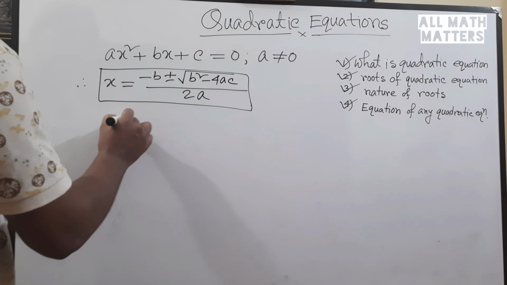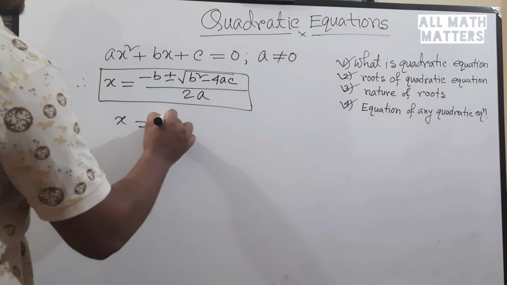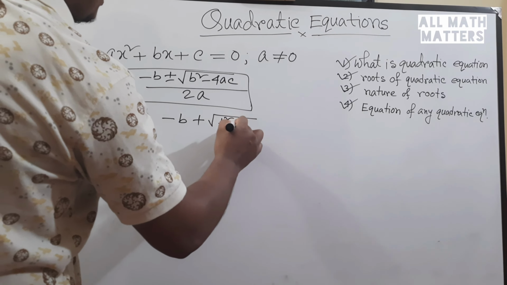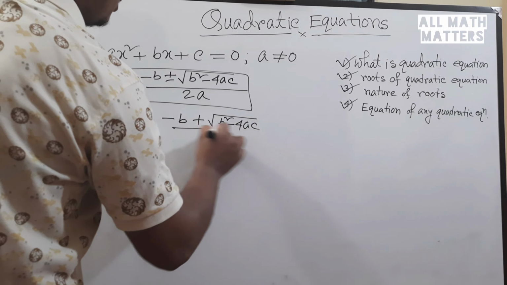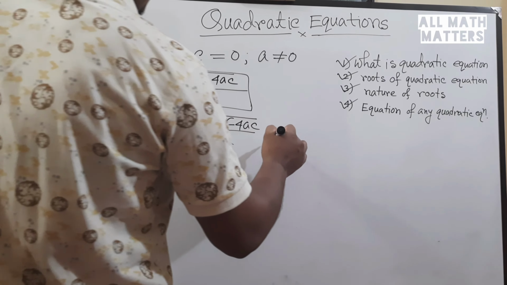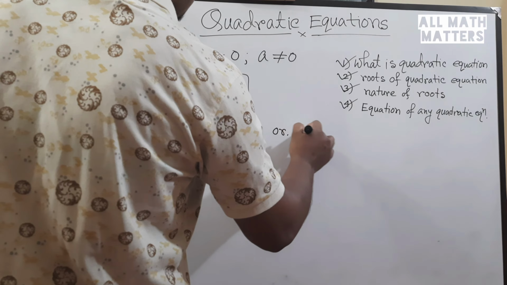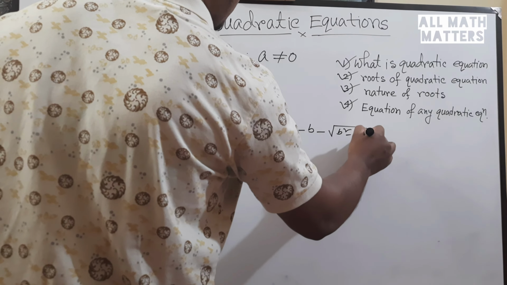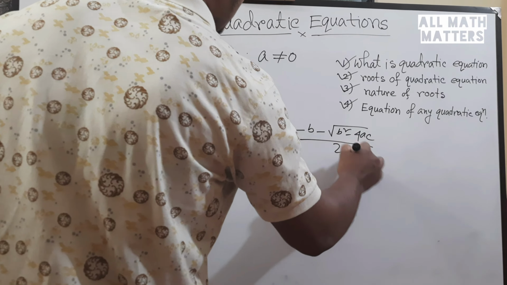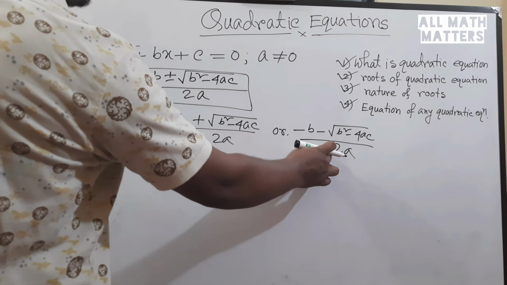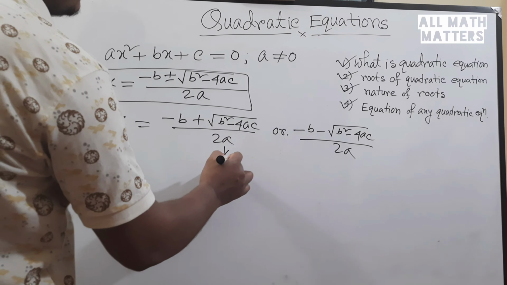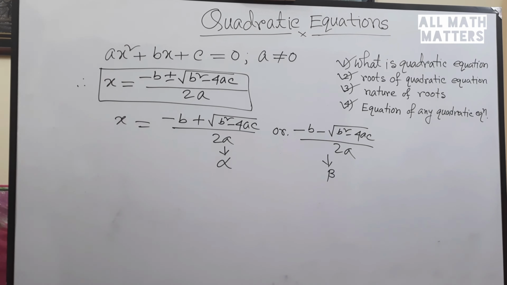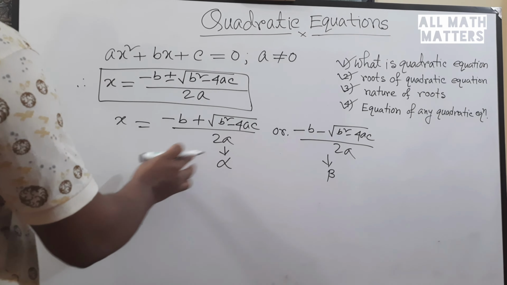So now let us consider two roots like that: (−b + root over b² − 4ac)/2a, and another is (−b − root over b² − 4ac)/2a. Now we can denote these two roots with two Greek letters, the first one is alpha and the second one is beta. Okay, now our question is what will be the sum of these two roots.